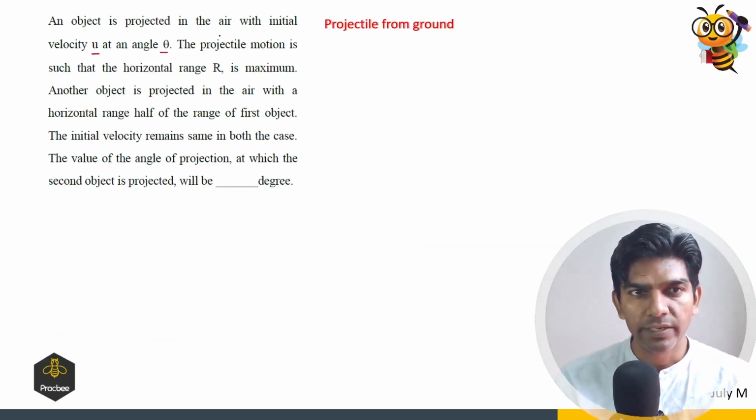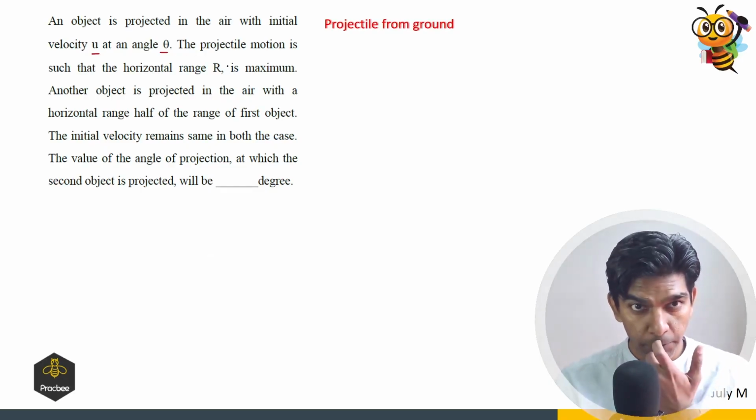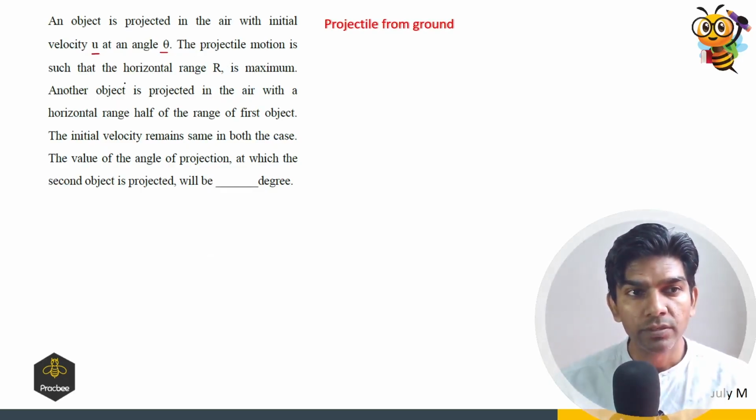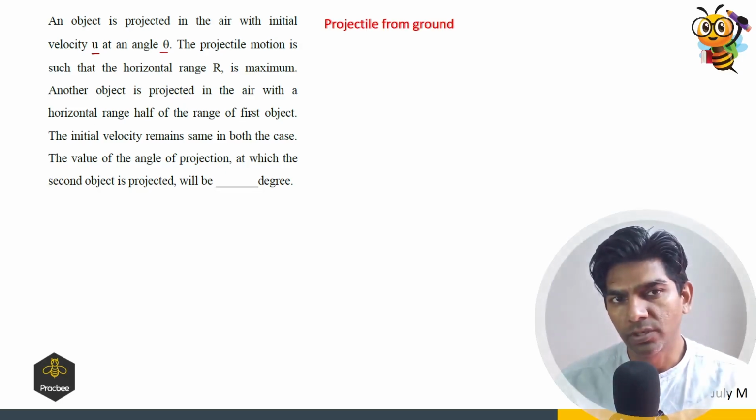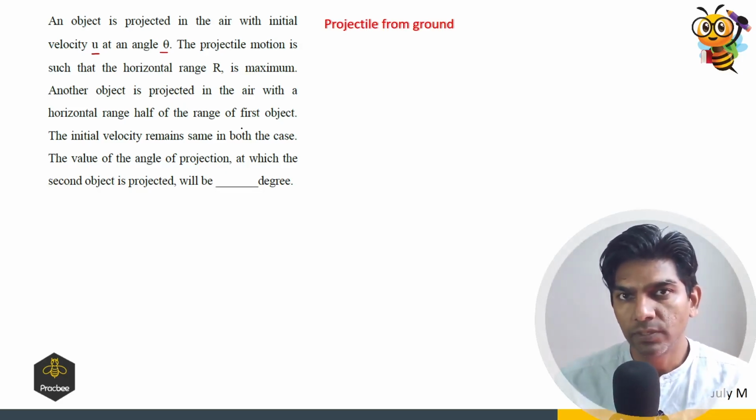An object is projected in the air with initial velocity u at an angle theta. The projectile motion is such that the horizontal range R is maximum. Another object is projected in air with a horizontal range half of the range of the first object. So when do we get maximum range? When theta is 45 degrees.